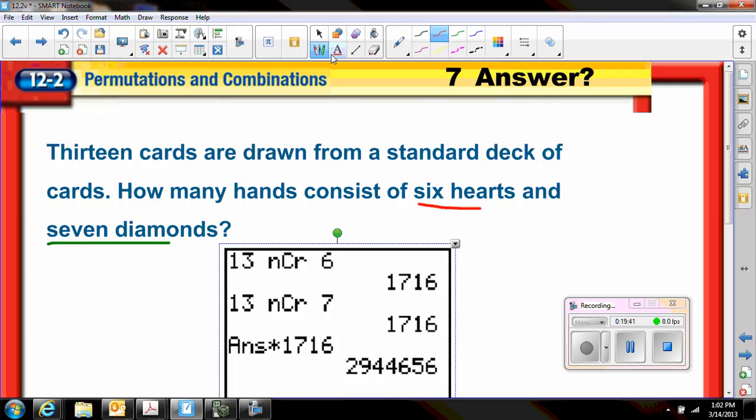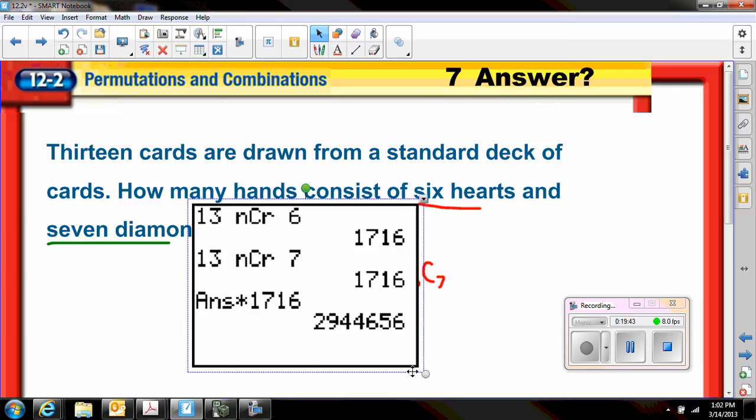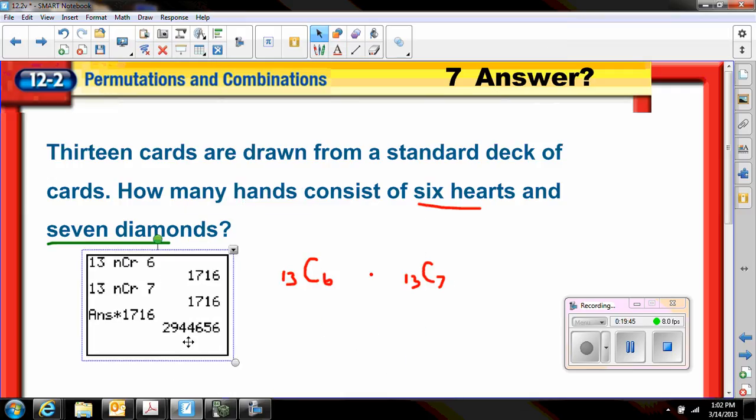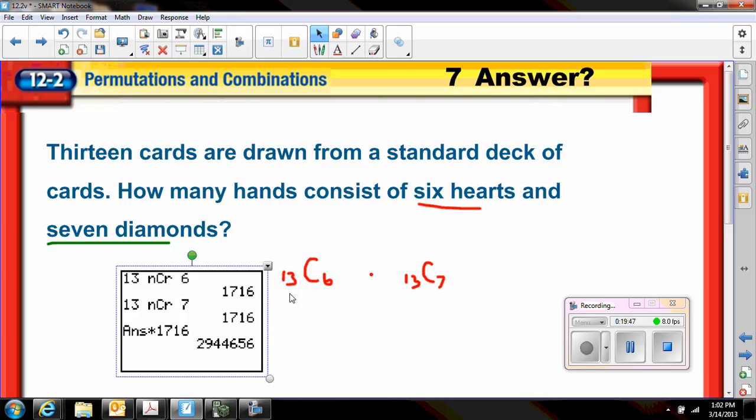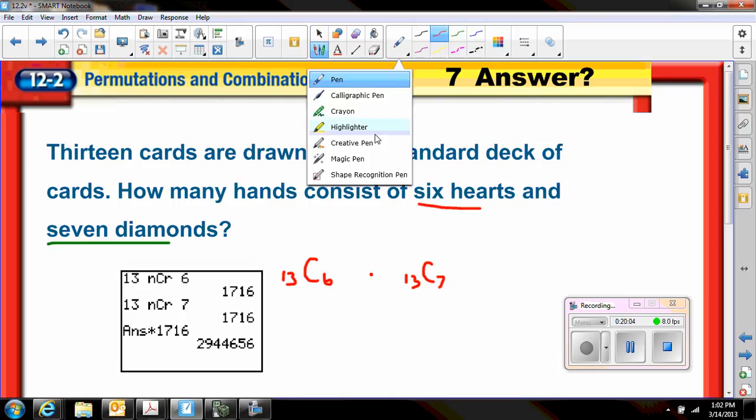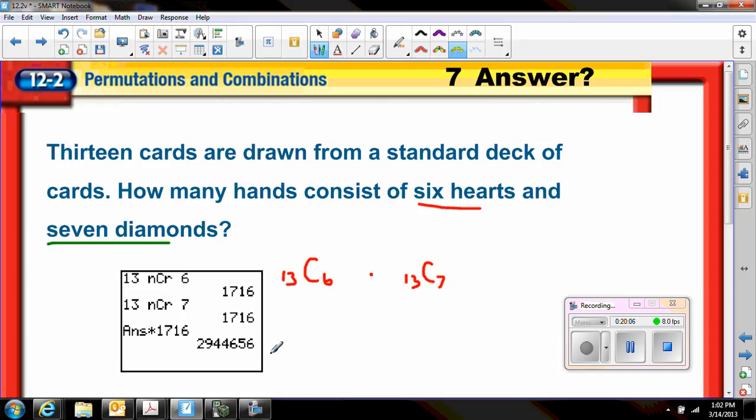Wow. Big number here. So, there are 1,716 ways to choose 6 hearts, 1,716 ways to choose 7 diamonds. If I put those together, that means there is, looks like 2,944,656 different ways that I can get 6 hearts and 7 diamonds. Pretty remarkable.